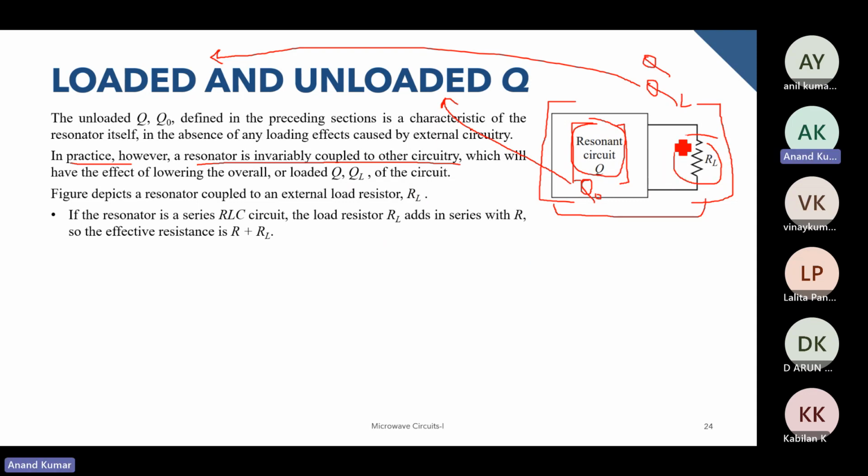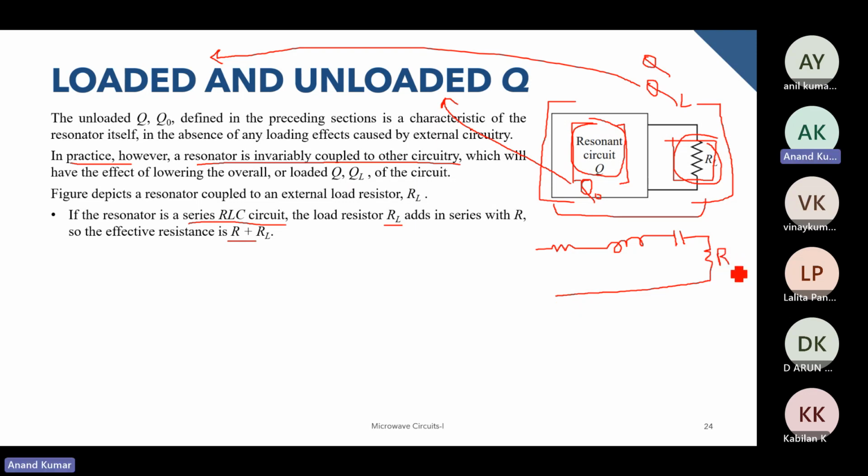And let's just take an example where we have this RL load attached to the RLC circuit. In case of series RLC circuit, this RL will add to the effective resistance. If you remember how the circuit looked, we had inductor and then capacitor, and then there is this RL over here.